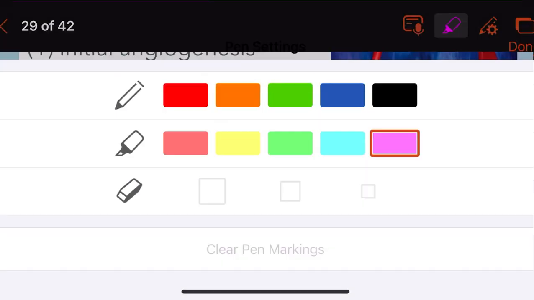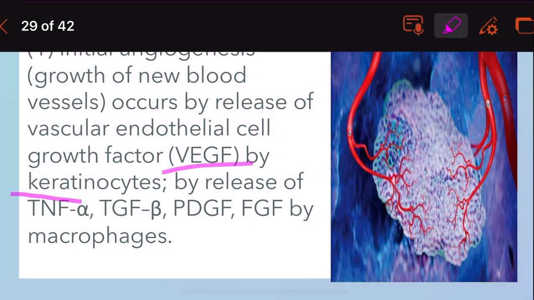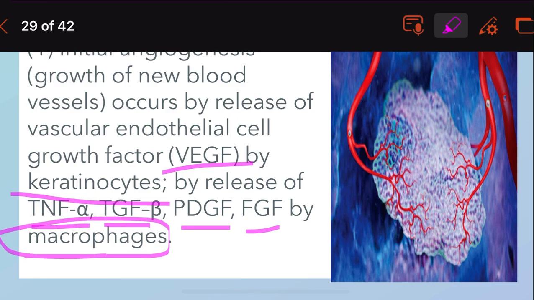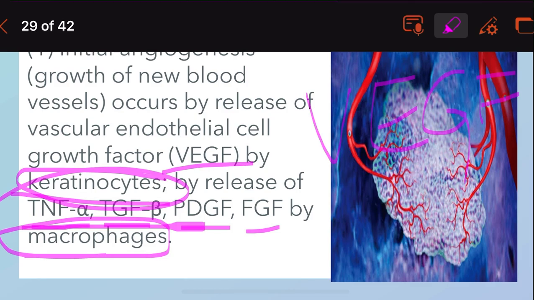So the vascular endothelial growth factor is released by keratinocytes, and TNF alpha, TGF beta, platelet derived growth factor and fibroblast growth factor are released by the macrophages. We have VEGF by the keratinocytes and the remaining, TNF alpha, TGF beta, PDGF and FGF, by the macrophages.